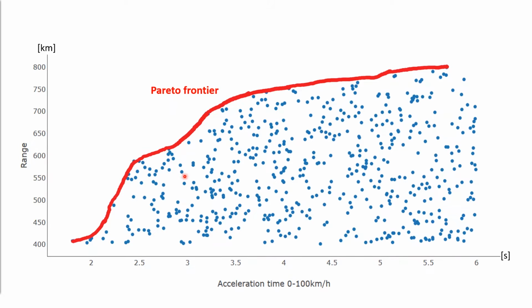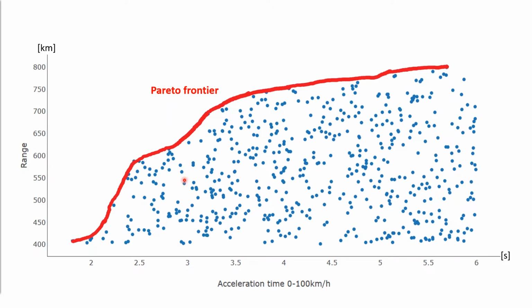For other solutions, if I look at the field here, which are not Pareto optimal solutions, I have a car here, like an individual. By changing the parameters, I can improve in one direction. I can increase the range of my car without increasing my acceleration time.